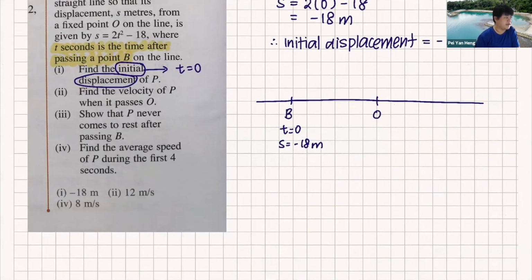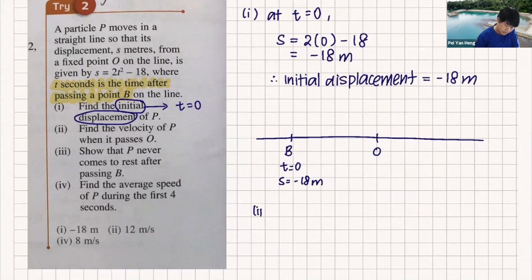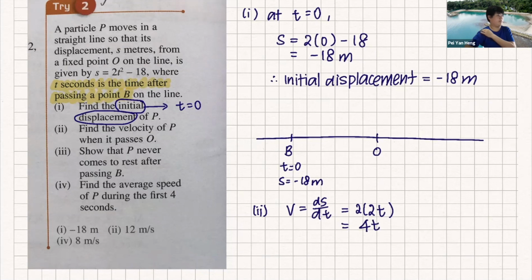Next, you're supposed to find the velocity of P when it passes O. We are given displacement. So here, velocity would be ds/dt, and this is given by 2 times 2t, which is 4t. So that is the function for the velocity, or the equation of the velocity.